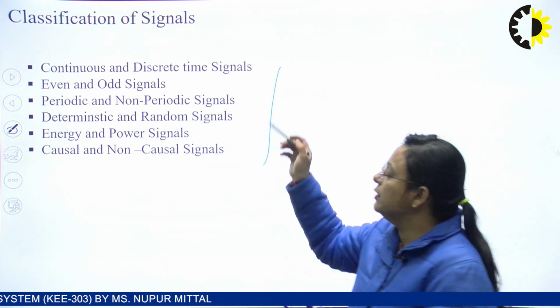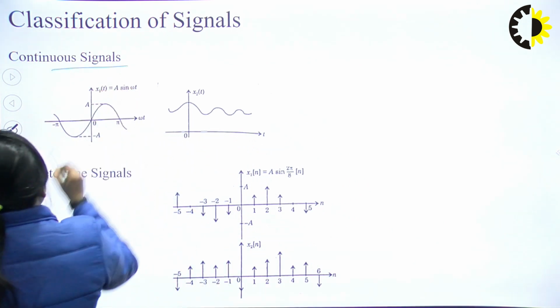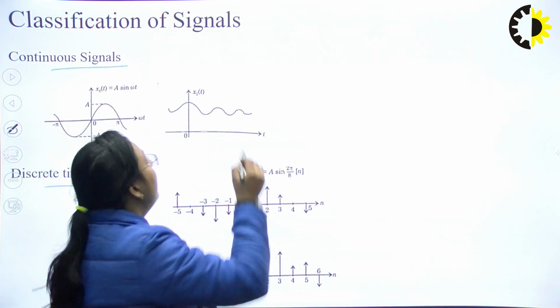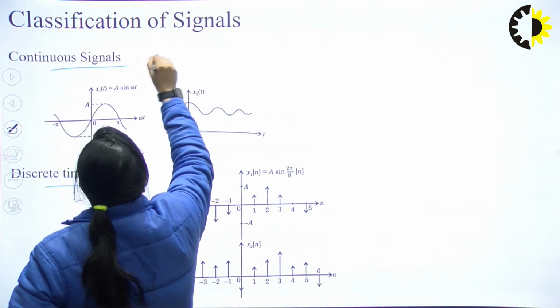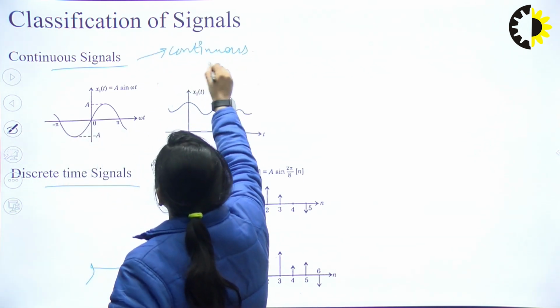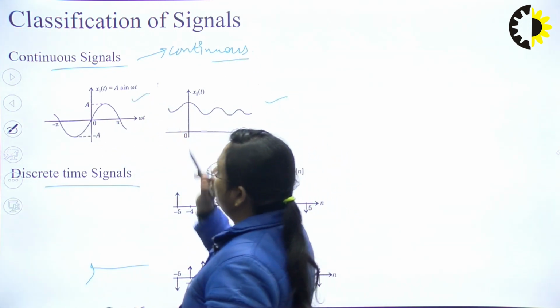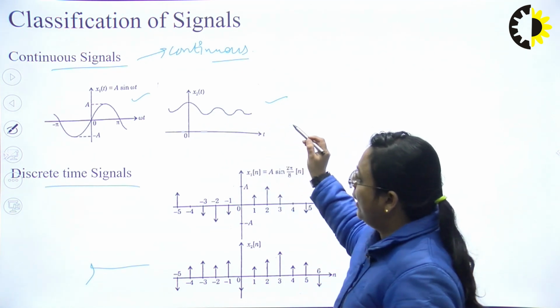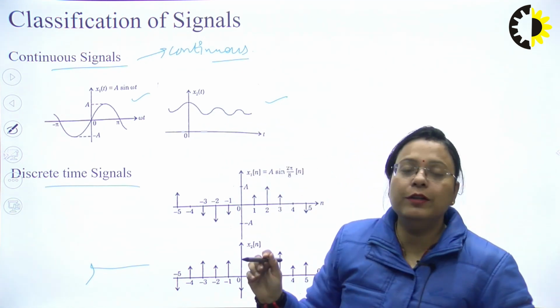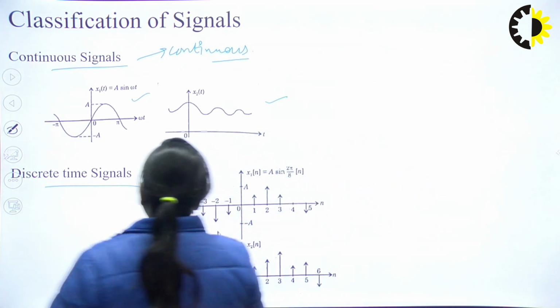So talking about these signals one by one, so what is continuous and discrete time signal? So continuous signals are those signals which are continuous in nature, right, with respect to time. You can see this example, these signals are continuous with respect to time. And the discrete time signals take on discrete values, which are defined at particular discrete values, and are called the discrete signal.